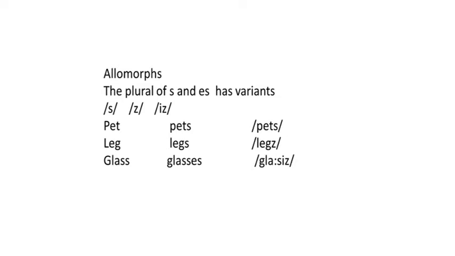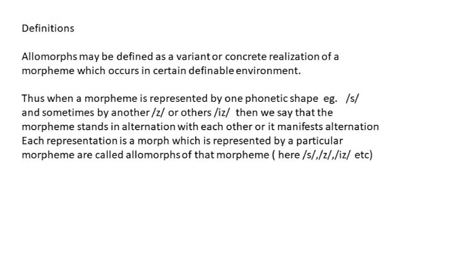Each of these representations is a morph. And all morphs which represent a particular morpheme are called the allomorphs of the morpheme.